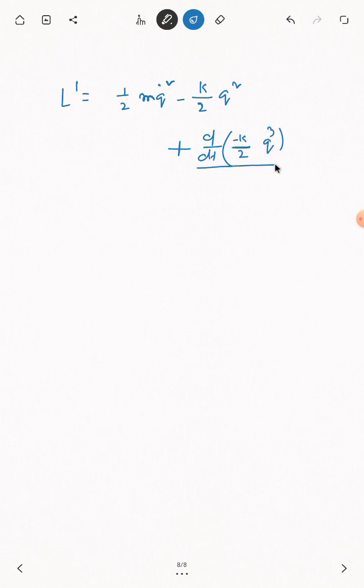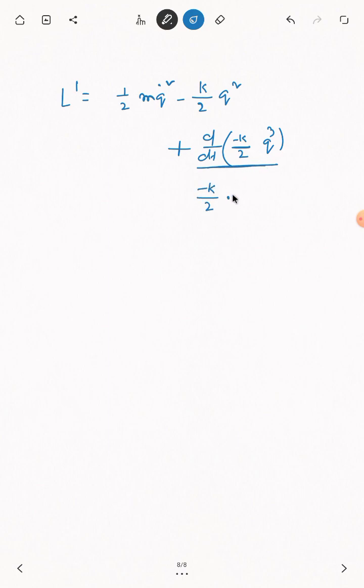See here, our L dash is half m q dot square minus k by 2 q square, and we can make the second part as, we should take that minus sign also inside, minus k by 2 q cube, because if we break this quantity, what we will have?